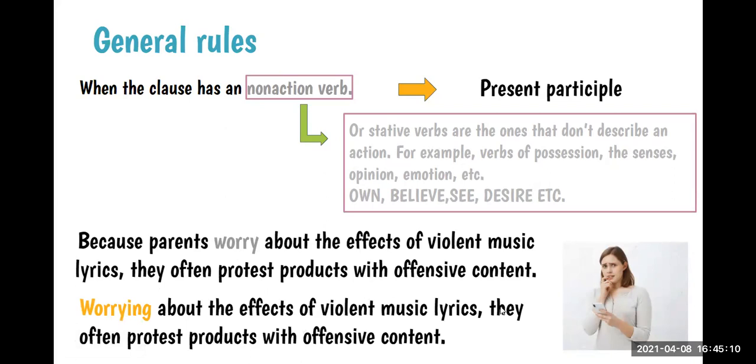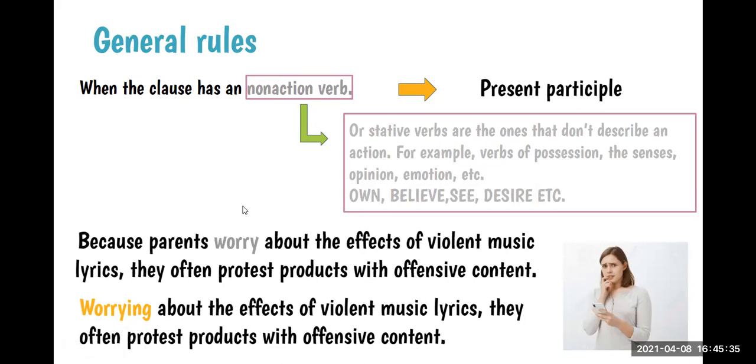Parents protest products with offensive content, okay? So as you can see, if we have a non-action verb, we can start the sentence like this, worrying, okay? But we have an exception that we mentioned last class.